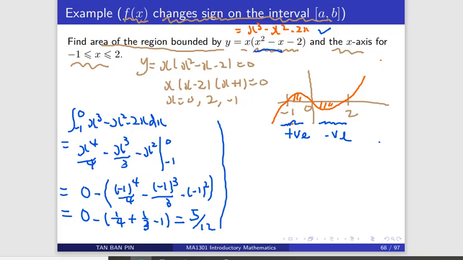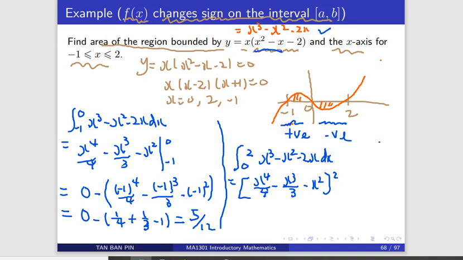After that, you consider integrating from 0 to 2. Same thing, x cubed minus x squared minus 2x dx, this time with limits 0 to 2. So you sub in 2 and 0.